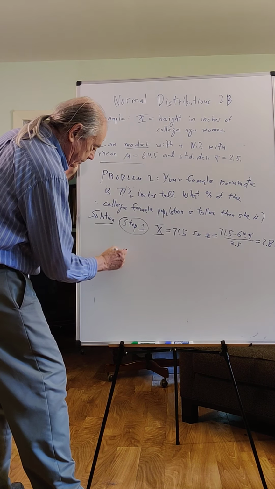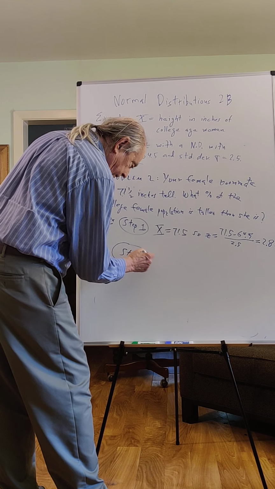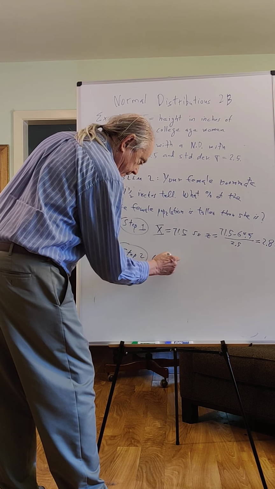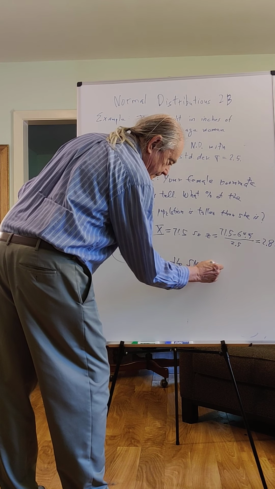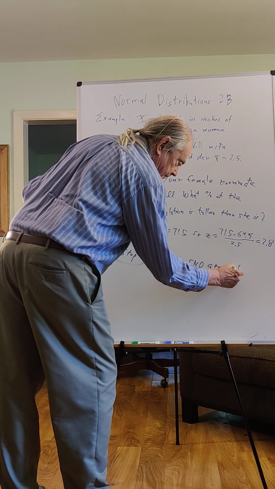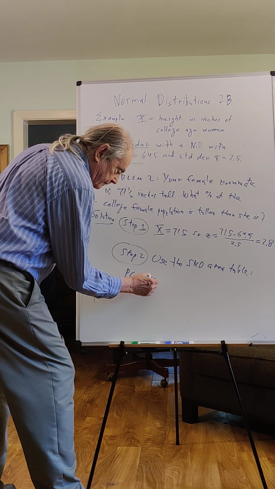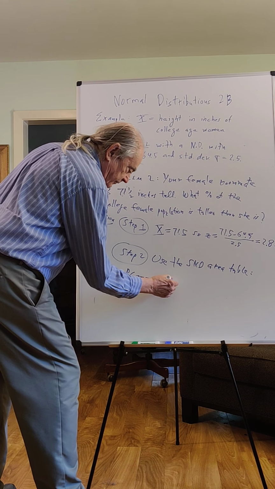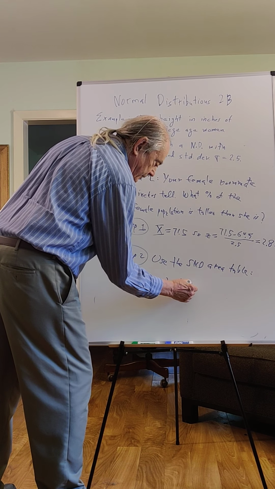So now step 2, you use the standard normal distribution area table like this. So the probability that x is greater than 71.5 is the same as the probability that z is greater than 2.8.